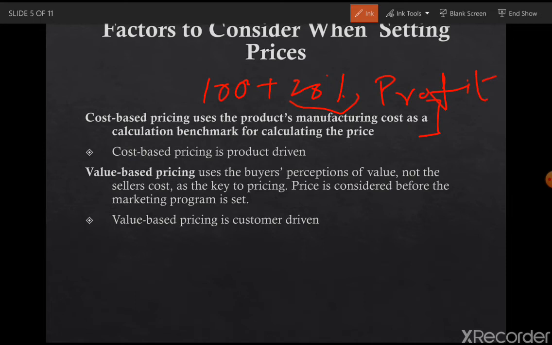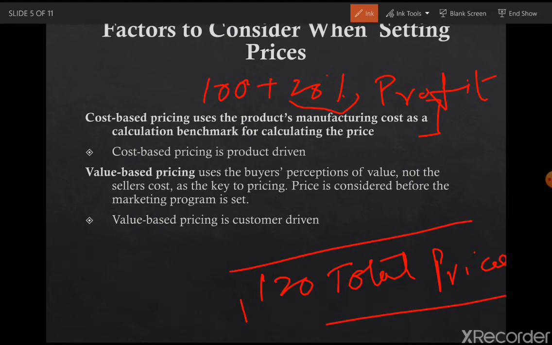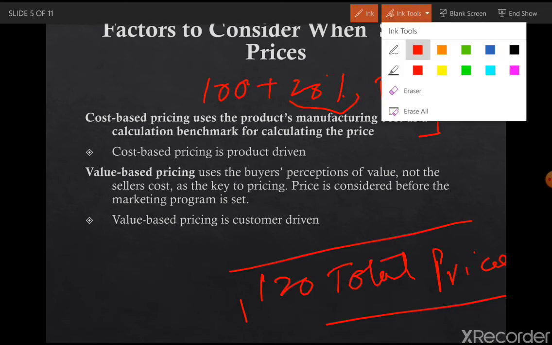So 120 rupees is the total price that you're going to ask from the customer. This is basically your cost-based pricing, a very crude example of it. We are going to calculate it in the next session, in part 2 of this lecture series, right?